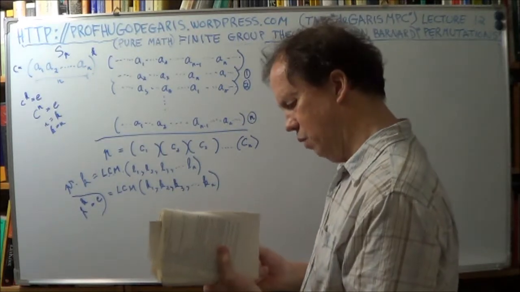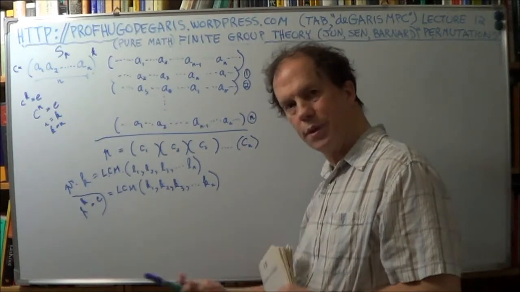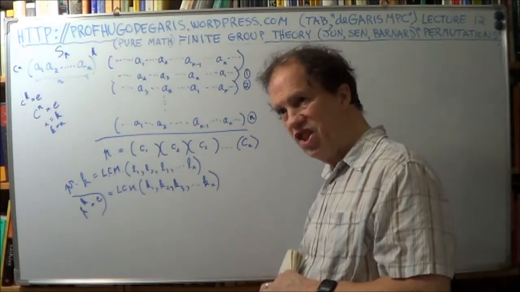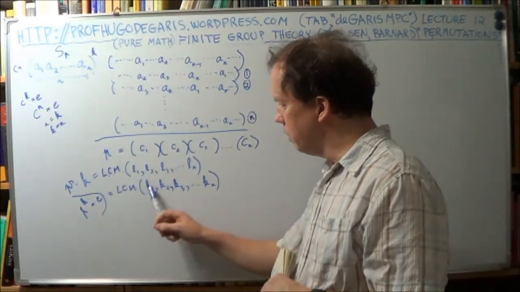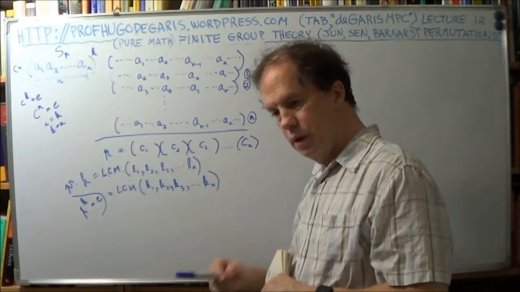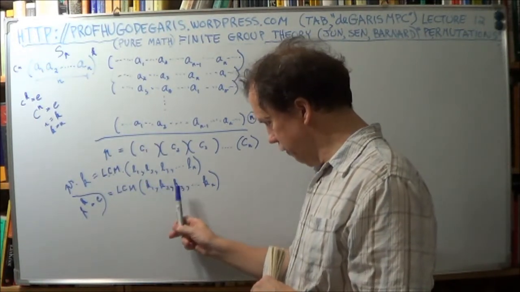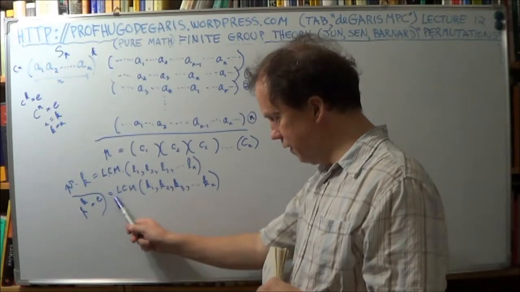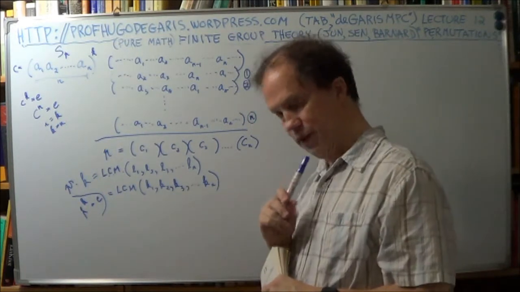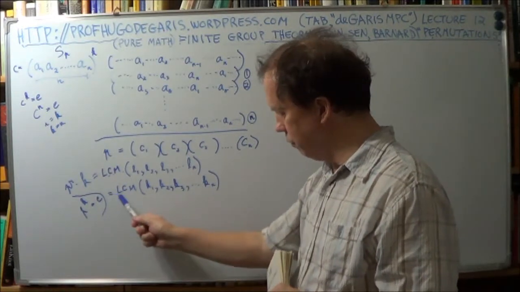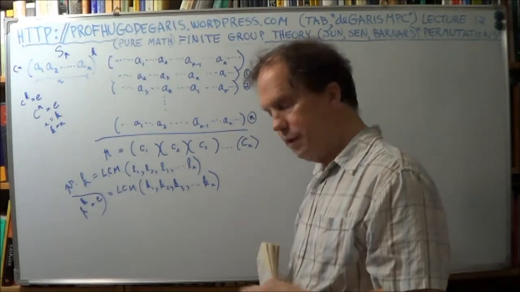Now, what is a least common multiple? By definition, it's the smallest integer that all these numbers divide into. So each of these numbers is a factor of this number, whatever it is.